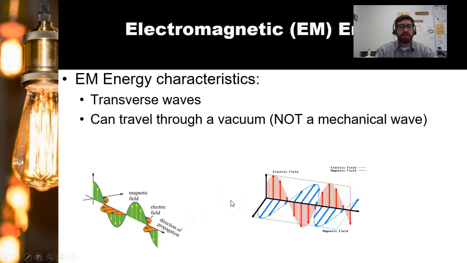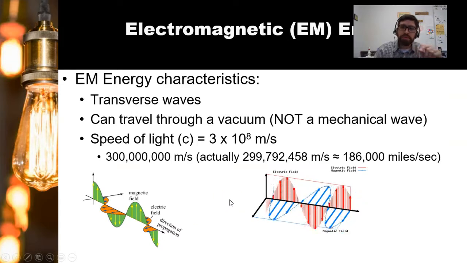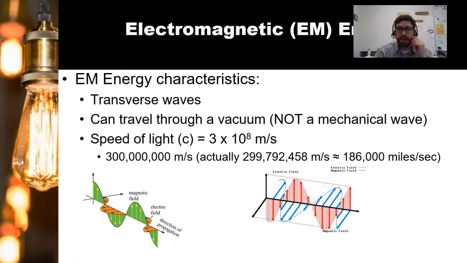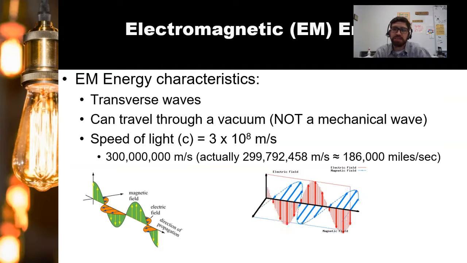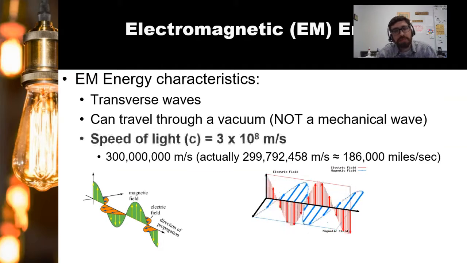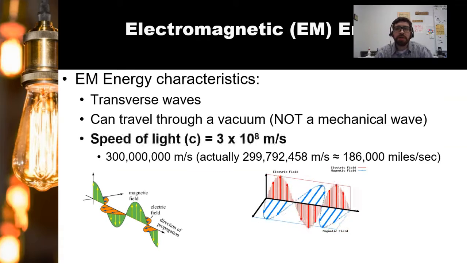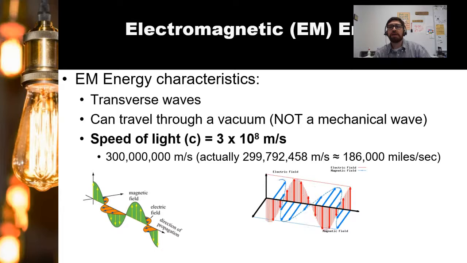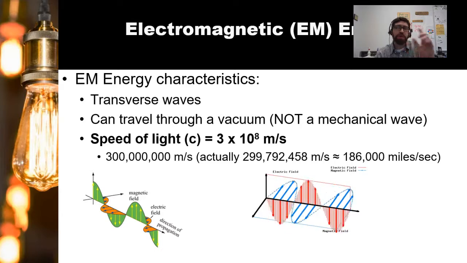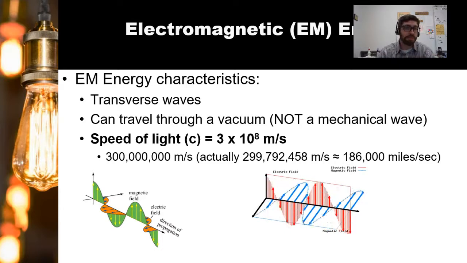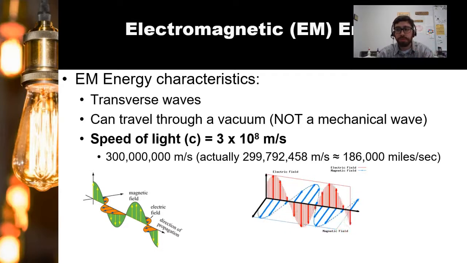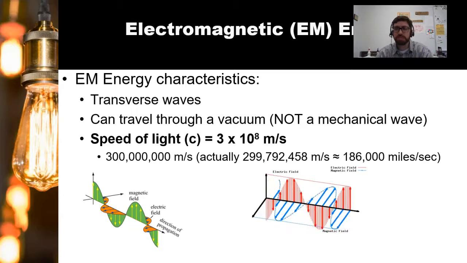Speaking of slowing down, you need to know, this is very important, that the speed of light in a vacuum is 3 times 10 to the 8th meters per second. And this is a really, really important thing to remember. 300 million meters per second, and that's an approximation. I'm going to say 300 million. I'm going to require you to remember 3 times 10 to the 8th, which is 300 million.